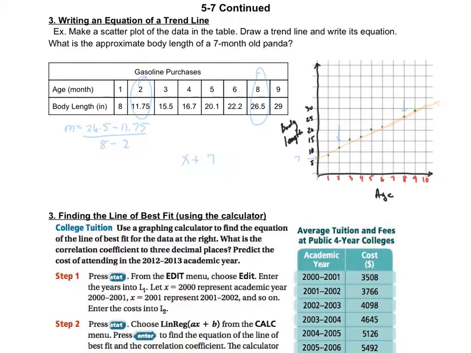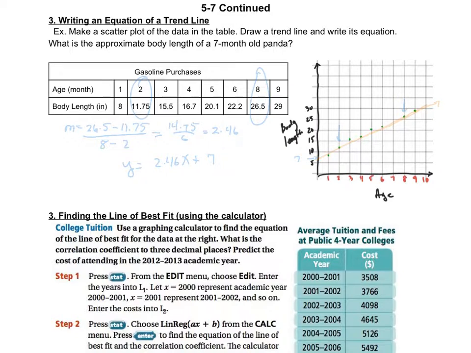Let me see here. All right, so as I'm calculating my slope here, I get something along the lines of 14.75 over 6, which equals about 2.46. So the slope I came up with was about 2.46. So my equation would be, in this case, y equals 2.46x plus 7.